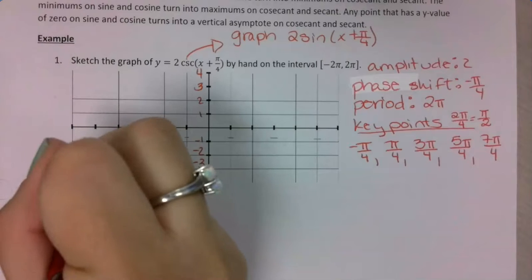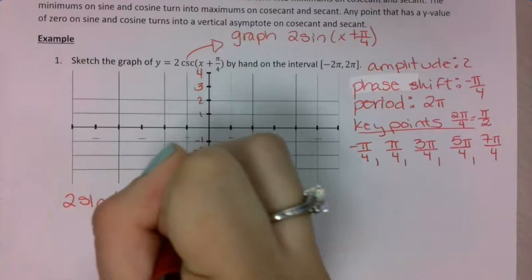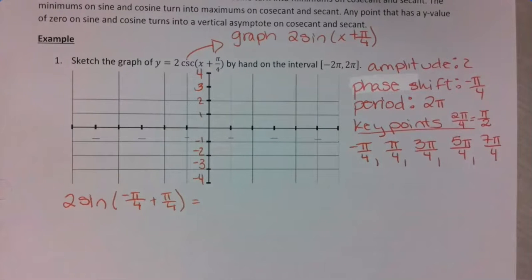So then, okay, so what does this one get me? So whenever I have cosecant and secant, I start off by graphing their reciprocal functions. And I'll graph those, and then I'll use those graphs to make my actual graph.